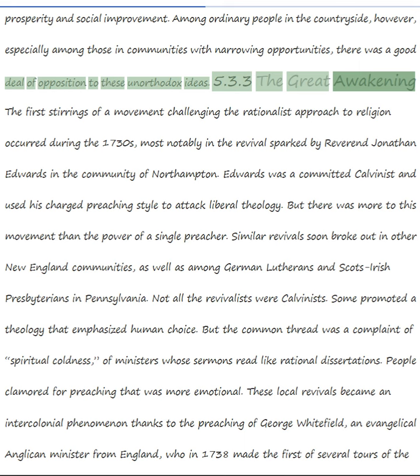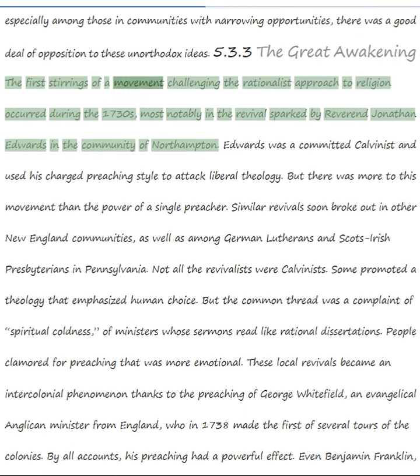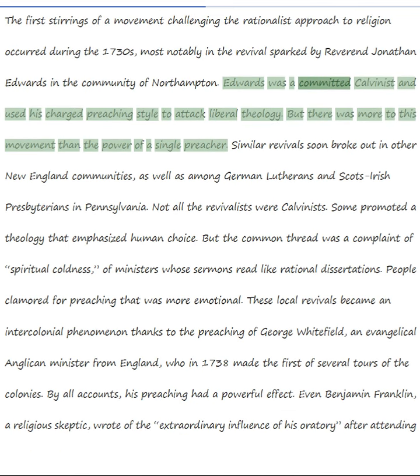5.3.3 The Great Awakening. The first stirrings of a movement challenging the rationalist approach to religion occurred during the 1730s, most notably in the revival sparked by Reverend Jonathan Edwards in the community of Northampton. Edwards was a committed Calvinist and used his charged preaching style to attack liberal theology. But there was more to this movement than the power of a single preacher.